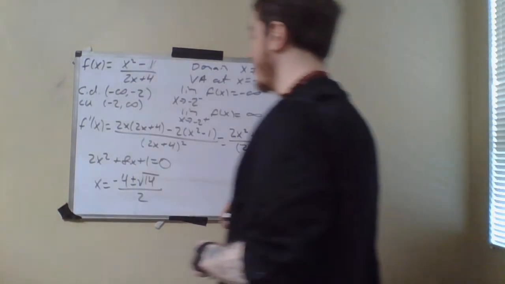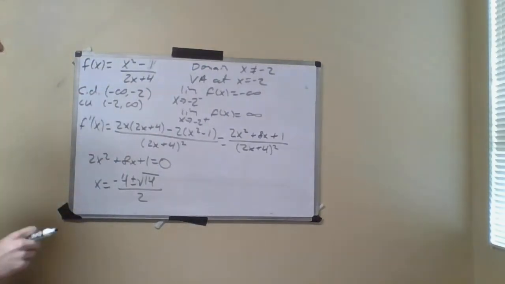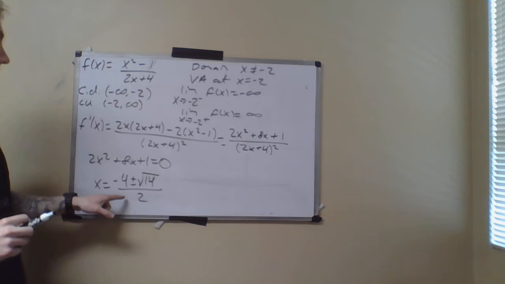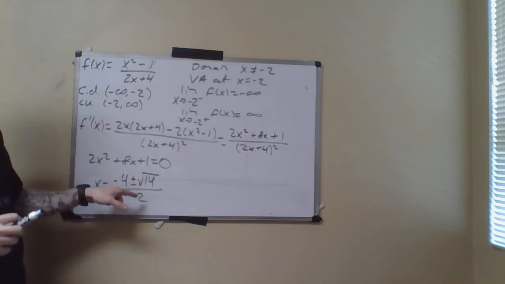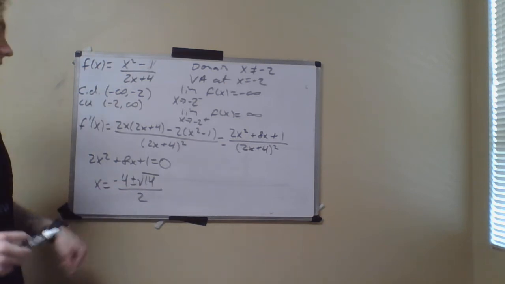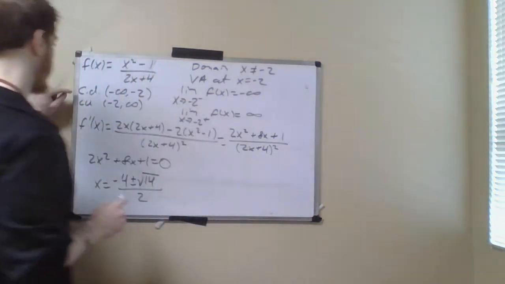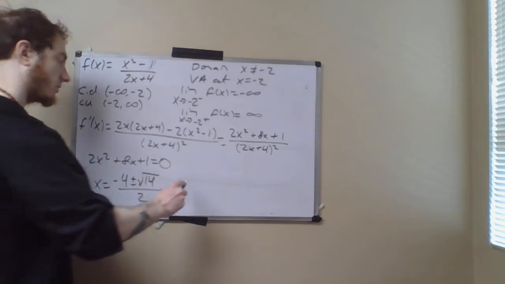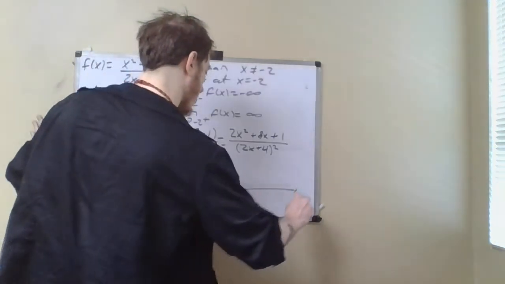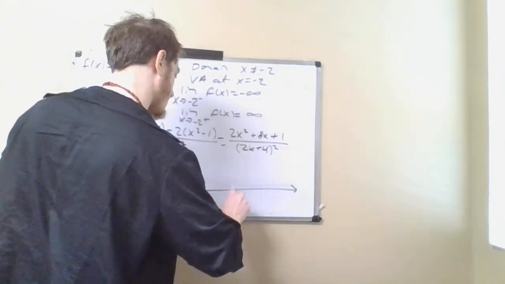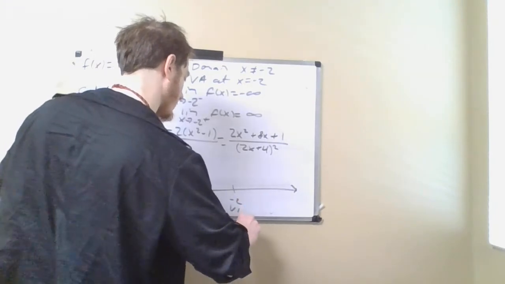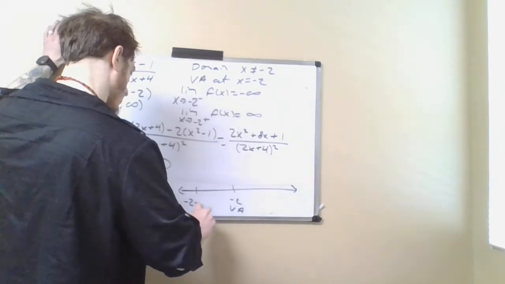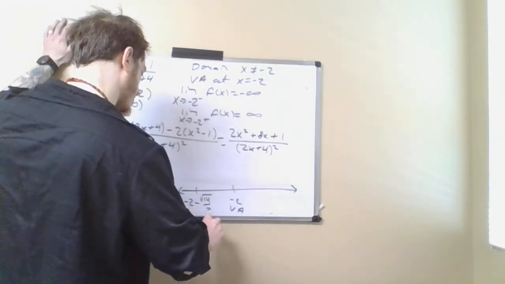And then we have this question of, okay, which of these is a minimum, which is a maximum? Well, notice this is negative 2 plus or minus the square root of 14 over 2. Since we're concave down to the left of negative 2, if we make our little number line here, we have negative 2, my vertical asymptote, and negative 2 minus radical 14 over 2.